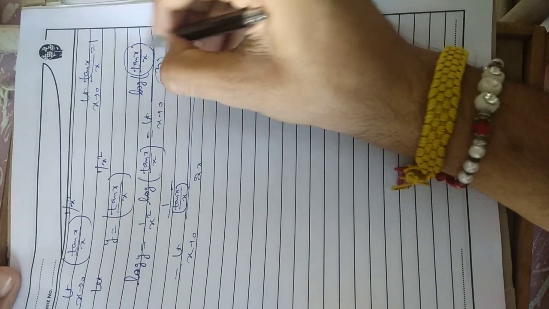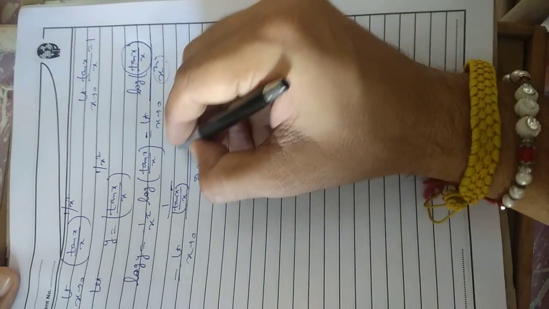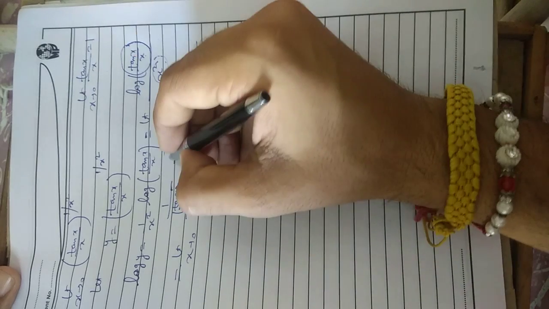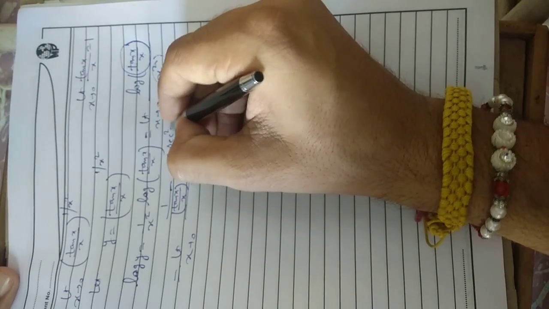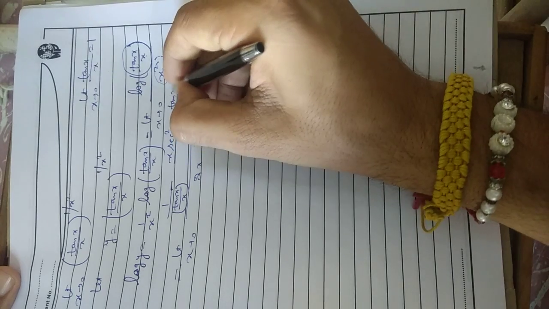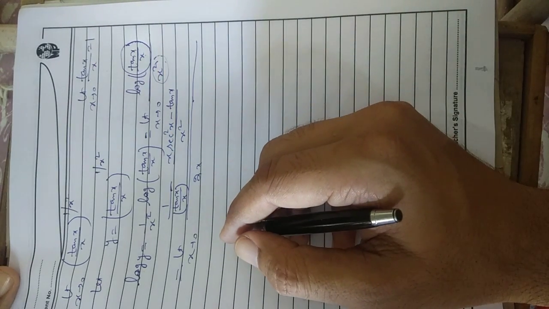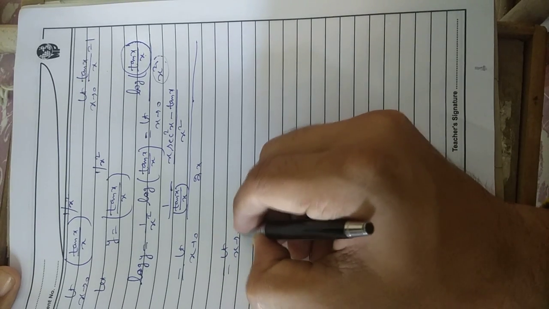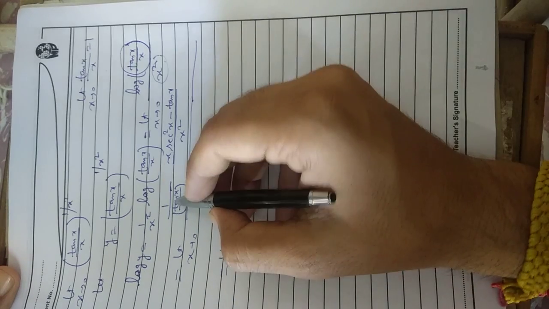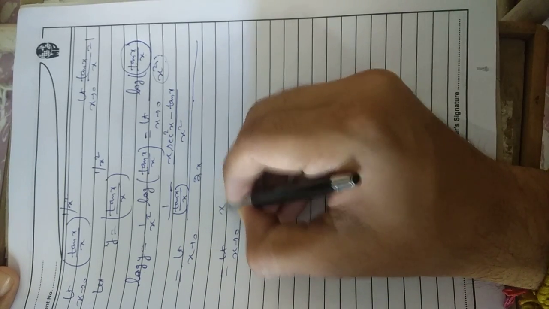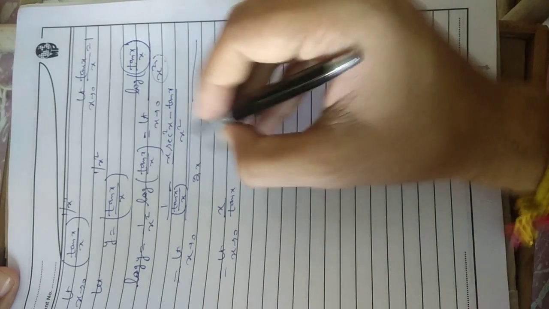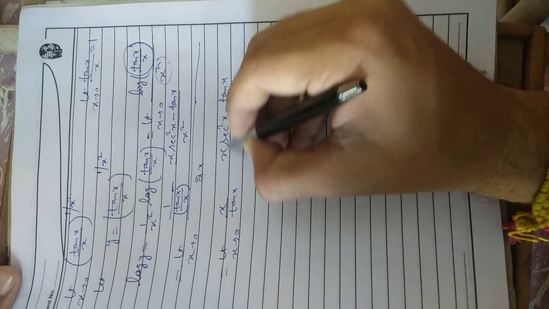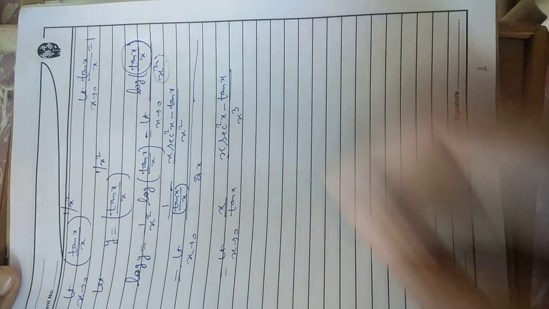Now for derivative of u we will apply quotient rule: x square secant square x minus tan x into derivative of x. Now limit x approaches to 0, this will become x over tan x into x secant square x minus tan x divided by 2x cube.